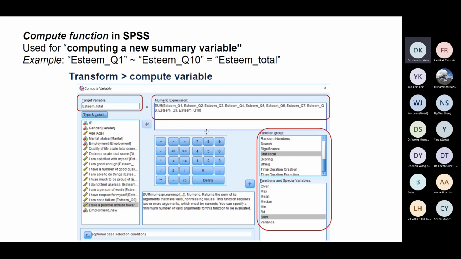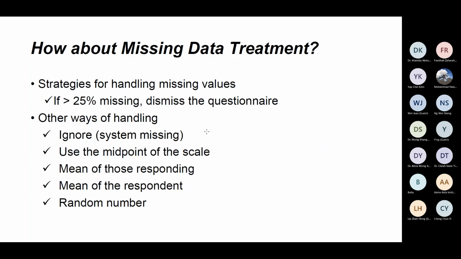Click statistical, click sum, and OK. You will have the new variable, esteem total, in your SPSS data view. So during our last exercise later in regression, when you need to do compute, you can refer back to this slide.